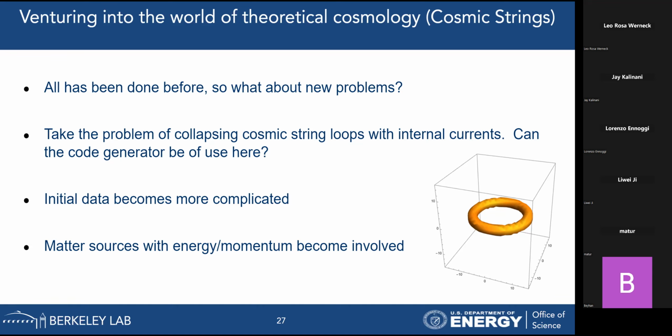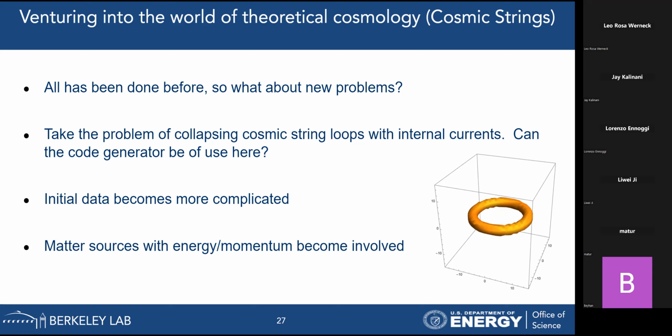So the problem of a cosmic string is, of course, a little bit more involved than a black hole system. We wanted it to have internal currents so that it would actually hold its form for a large amount of time. And we wanted to ask, can the code generator be of use?